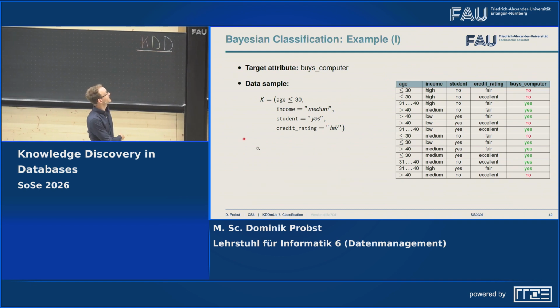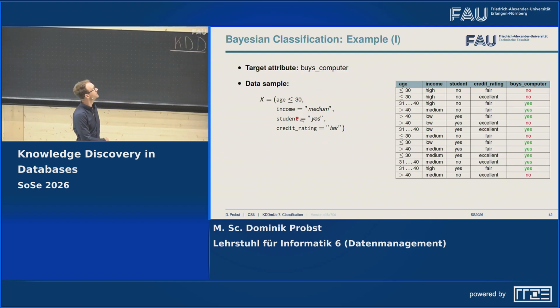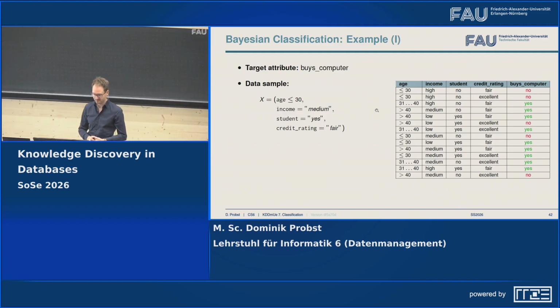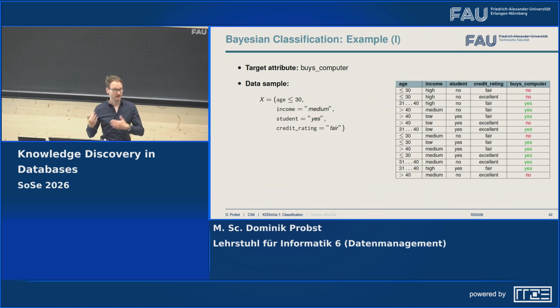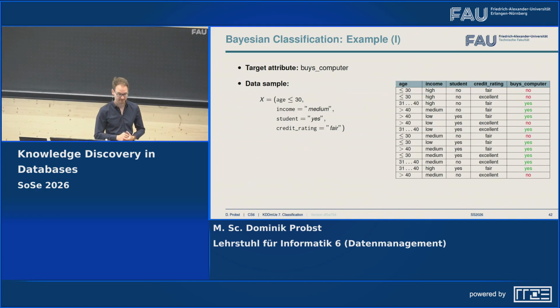So we have a tuple X where we do not know the class buys computer. How likely is it that X, with age below or equal 30, income medium, student yes, credit rating fair, belongs to class buys computer no, or to buys computer yes?